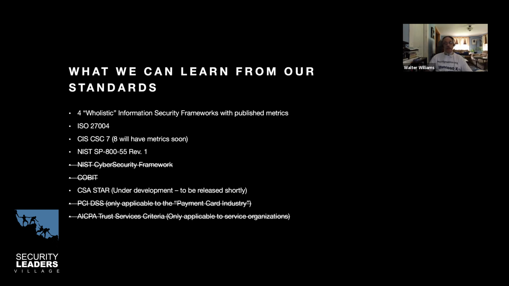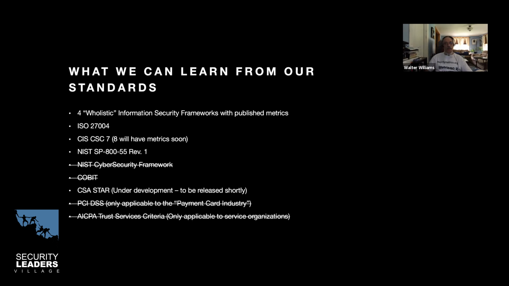Now, there are standards that define how you look at metrics. 27.4, CIS-CSC 7, 8 will have its metrics out soon. NIST SP 800-55, Rev 1, and of course the CSA Star Alliance. They're developing their metrics.